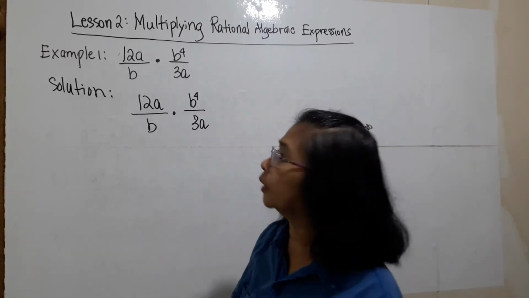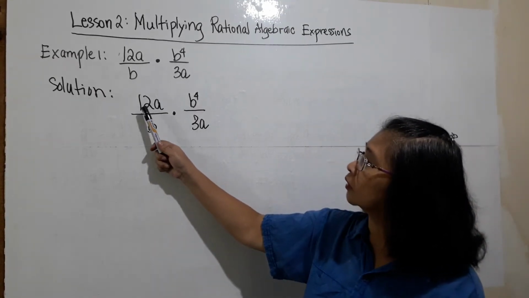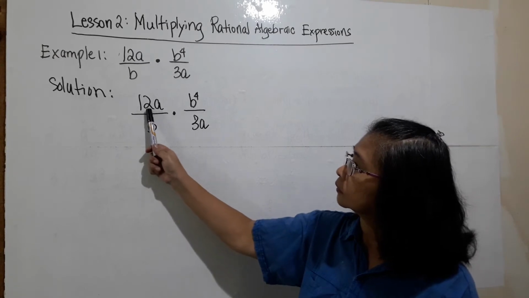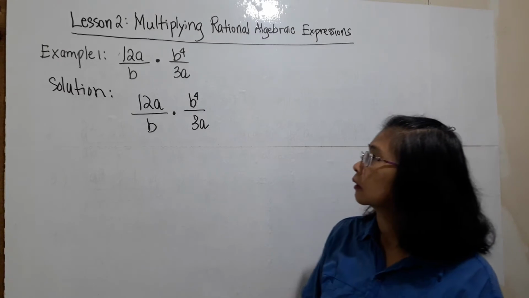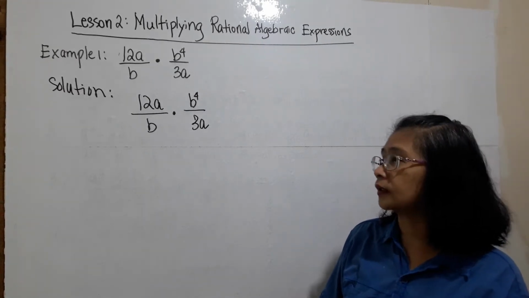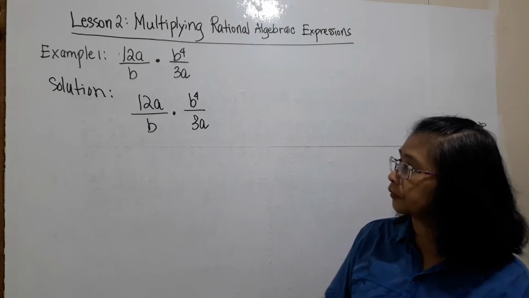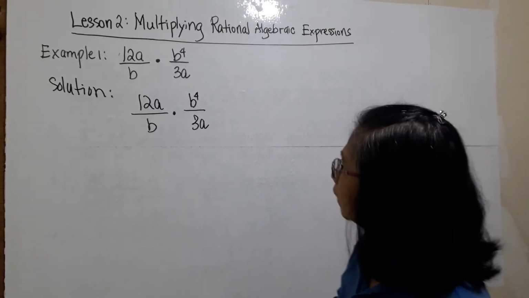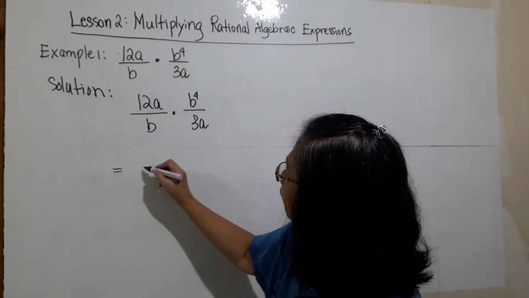Remember, there's no need to factor here because the terms are very small. But if you can understand, we can still factor them. Let's factor 12a.